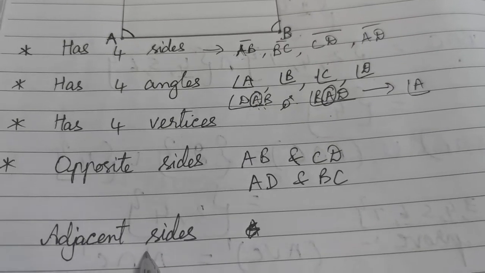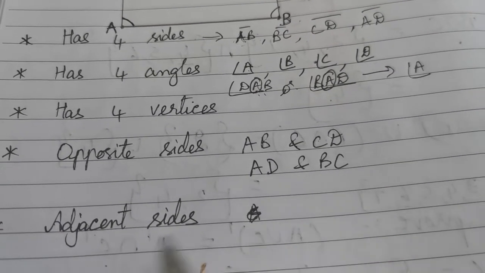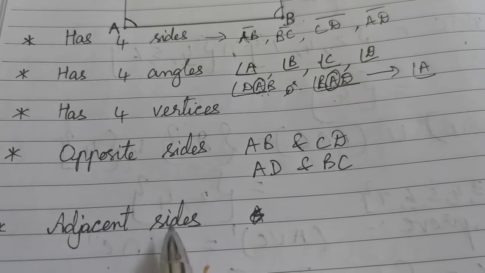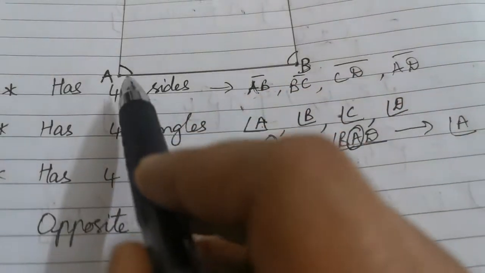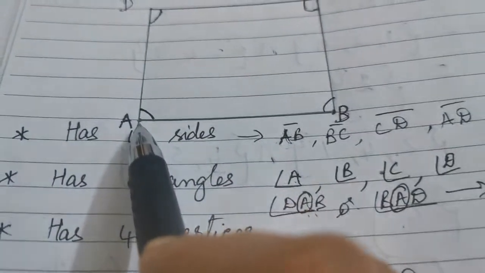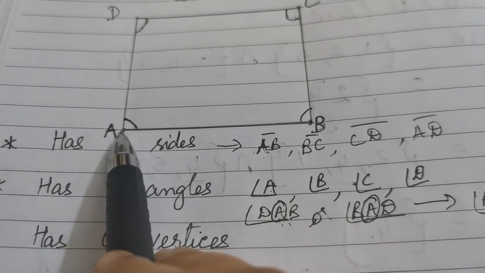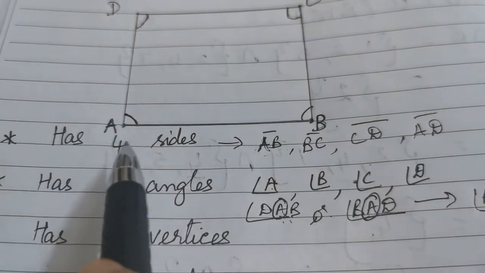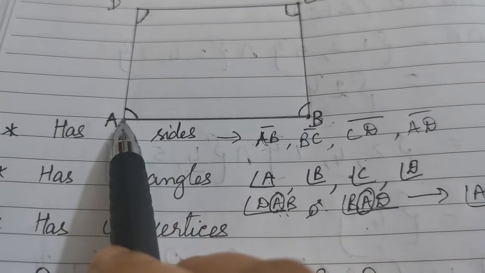Moving on to adjacent sides. From the name, adjacent means nearby. So, sides which are nearby are called adjacent sides. So, to start with, we will take a vertex. For example, I am taking the vertex A. AB and AD are the two sides which have vertex A in common.